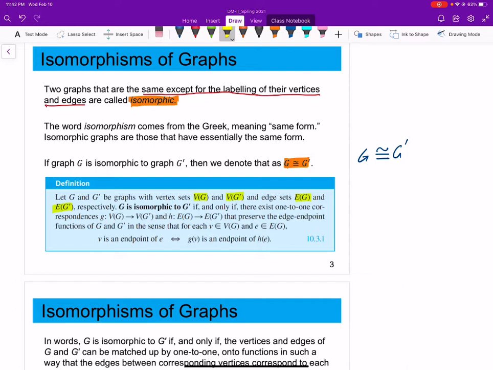G is isomorphic to G prime if and only if there exists a one-to-one correspondence. That means there should be a one-to-one correspondence between vertices and edges.